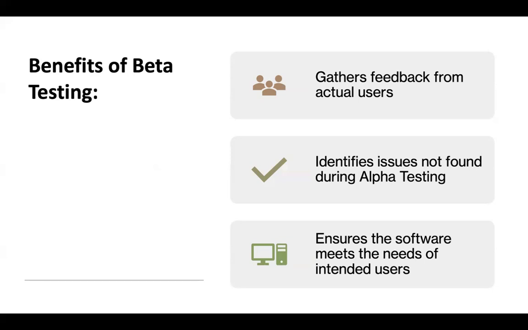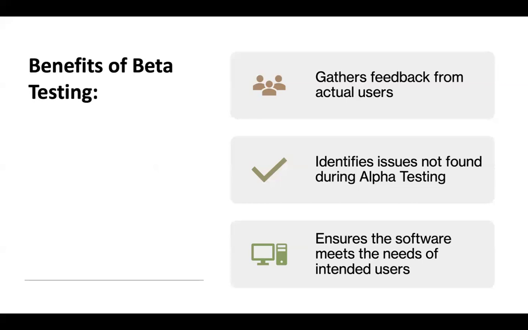That's why beta testing is so important. Yes, we found some issues during our alpha testing, but again, remember that it is done in a controlled environment. Beta testing, real world, it's fair game. So any issues that are found, we can fix them before we actually release our product.